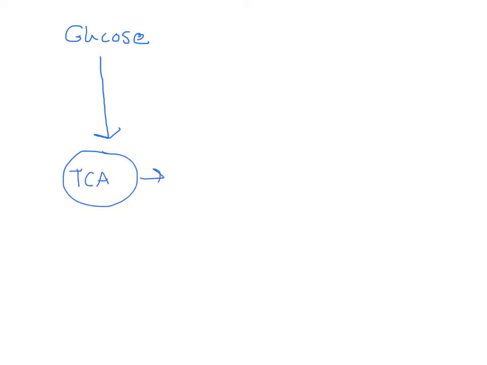So again, let's keep track of our carbons. So here's glucose, and you're doing respiration, so you know that you're going to go through the TCA cycle and through the electron transport chain.